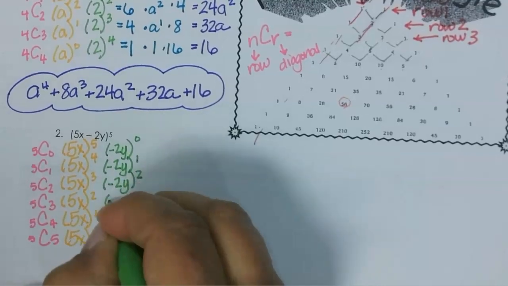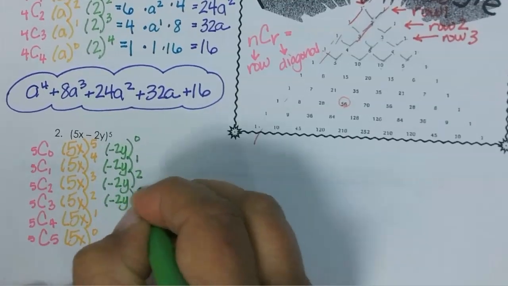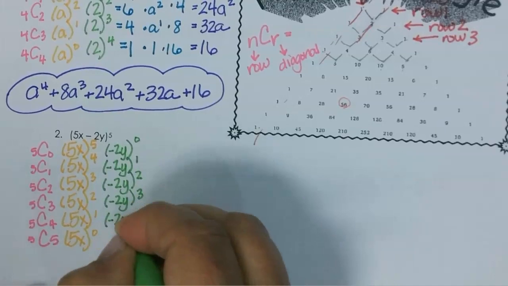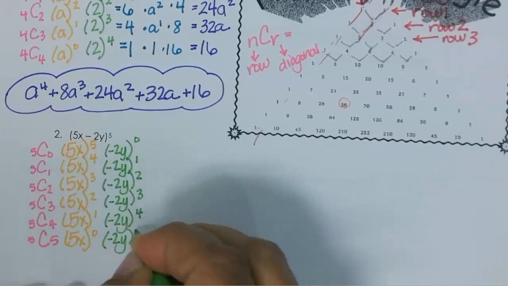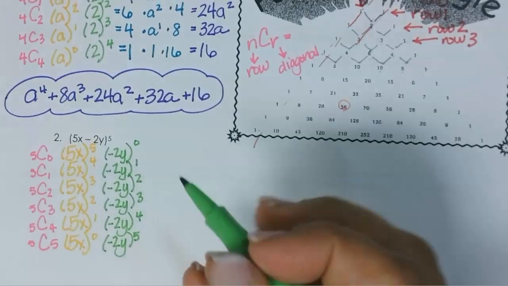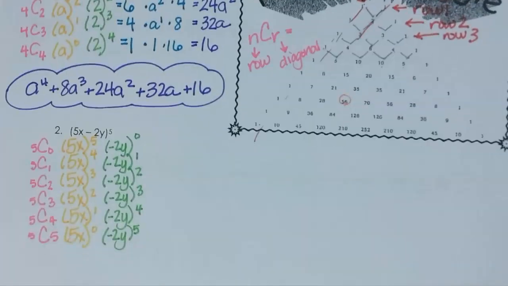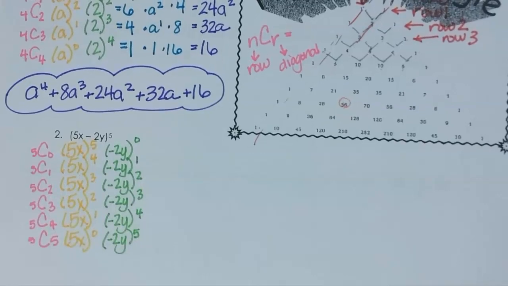So negative 2y to the 0, negative 2y to the 1st, negative 2y to the 2nd, negative 2y to the 3rd, negative 2y to the 4th, negative 2y to the 5th. Okay? So these are the different things that we'll want to make sure that we can evaluate.